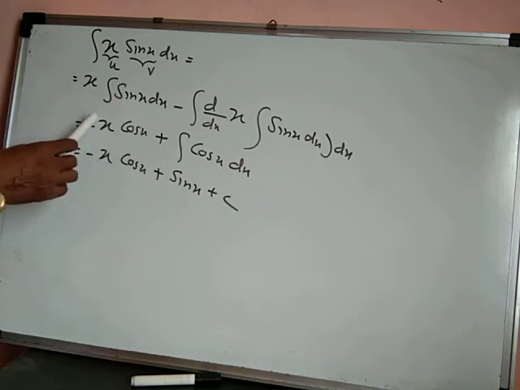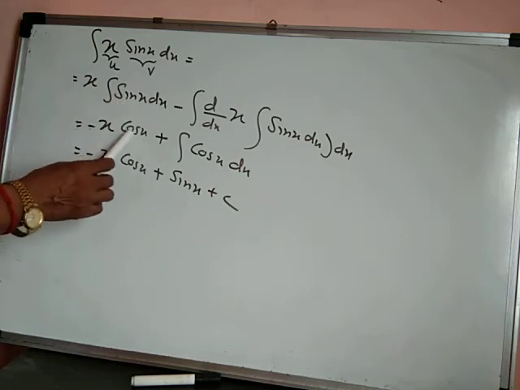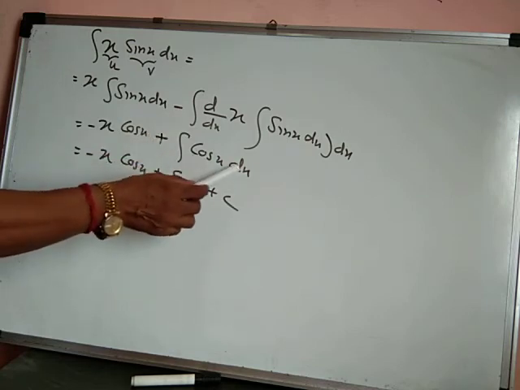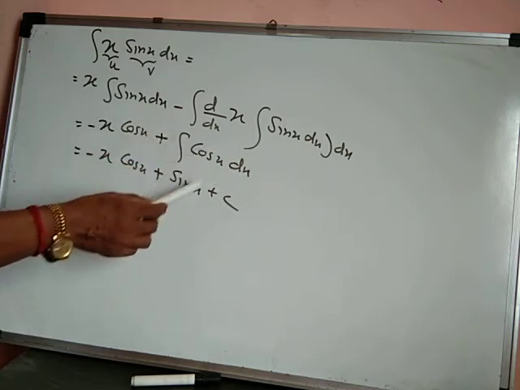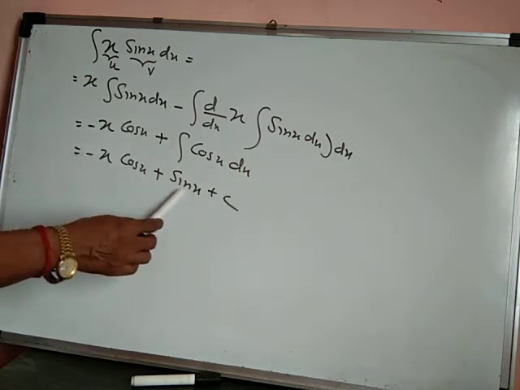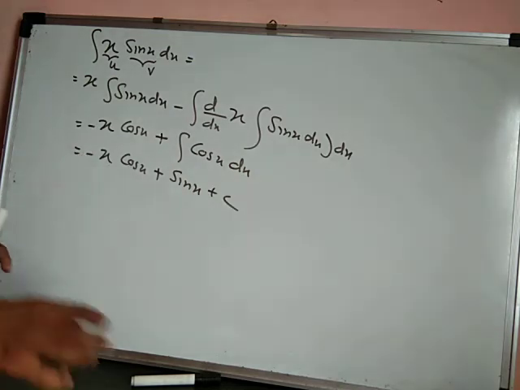Integration of sin is minus cos, so minus x cos x, this minus and this minus became plus cos x dx. Integration of cos is sin, so the final answer is minus x cos x plus sin x plus c.